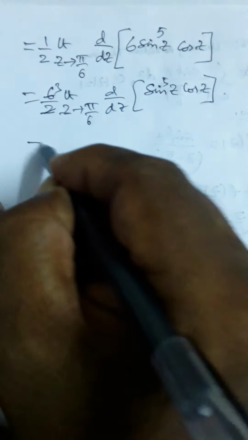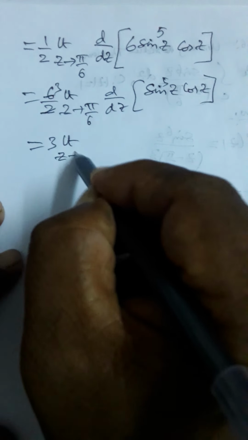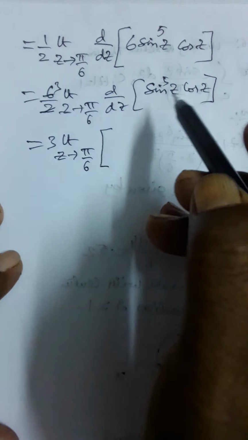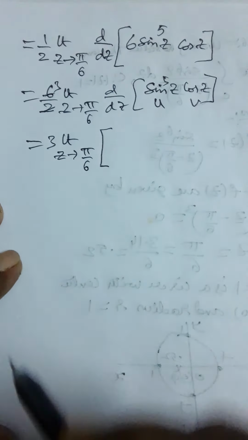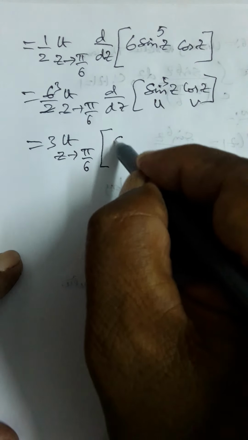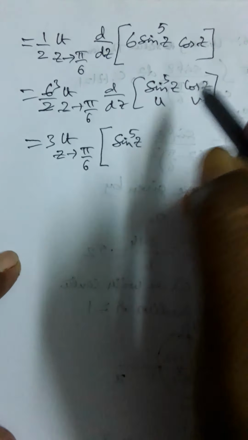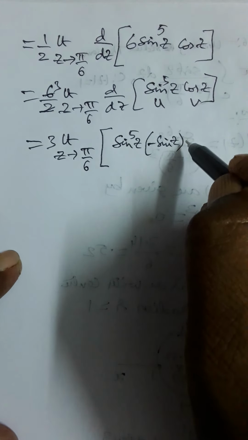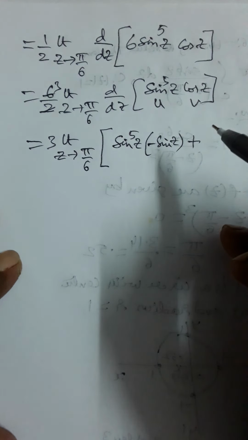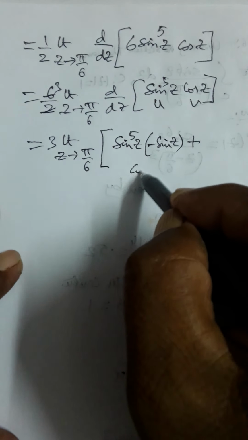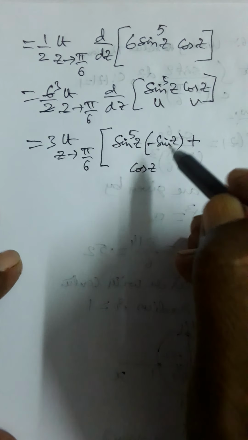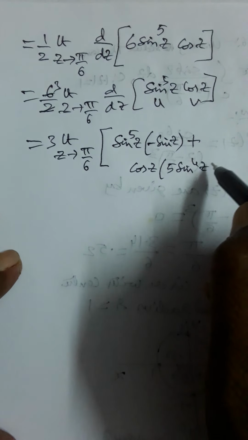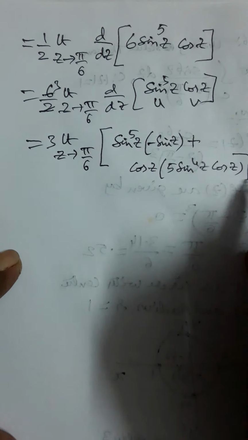That is 3 times limit z tends to pi by 6. Here apply the UV formula. This is U, this is V. U into V derivative: sin to the power of 5 z into derivative of cos z, minus sin z, plus V into U derivative: cos z into 5 sin to the power of 4 z into cos z.